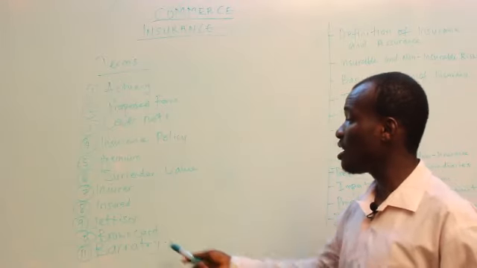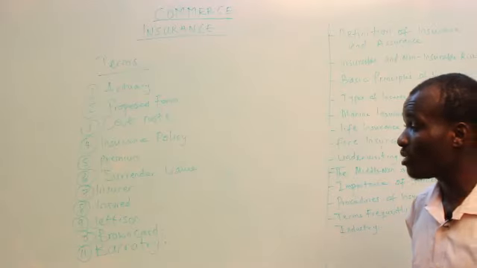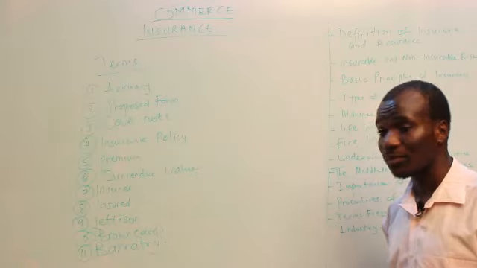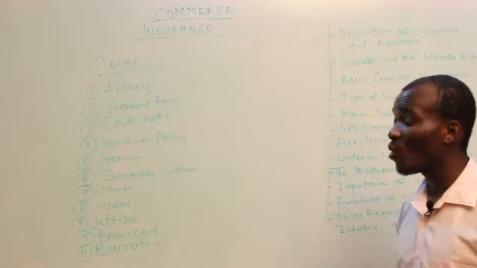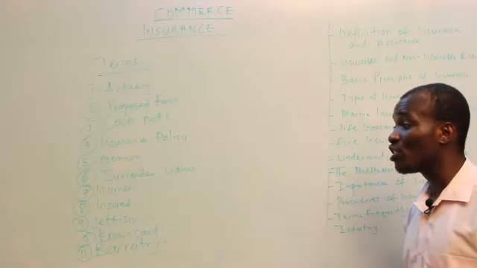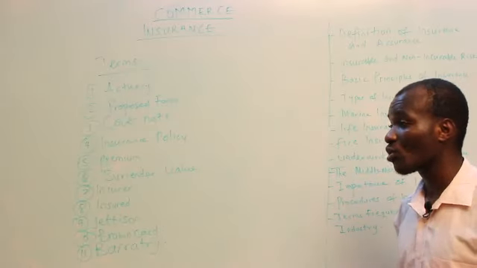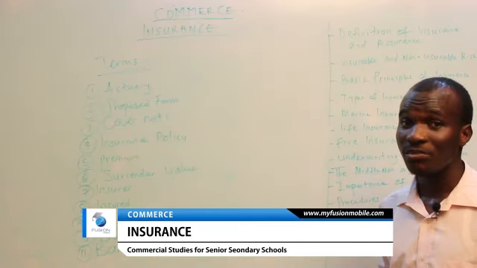The next thing we have is jettison. This actually occurs when the captain of a ship deliberately throws away some cargo, some goods from the ship, in order to satisfy the interest of the owners of such cargoes. The reason is to lighten the ship.